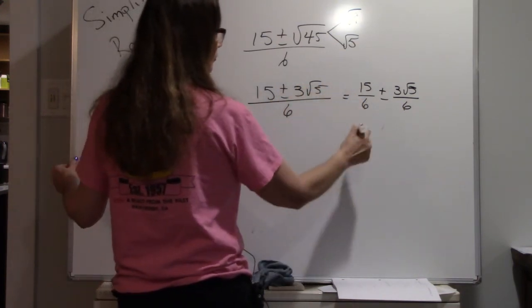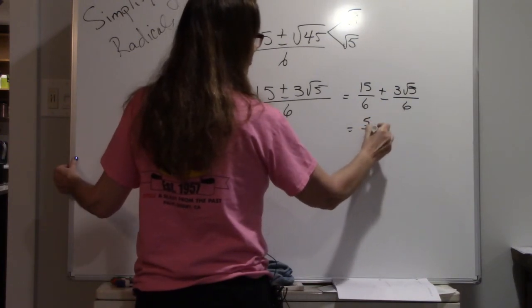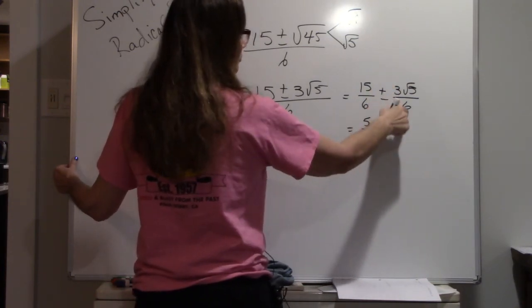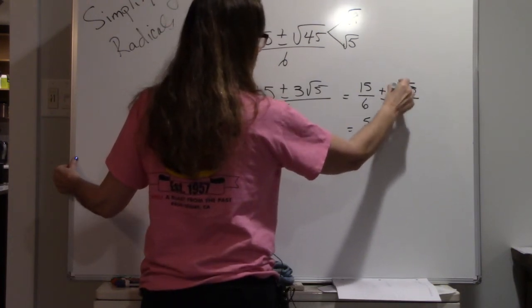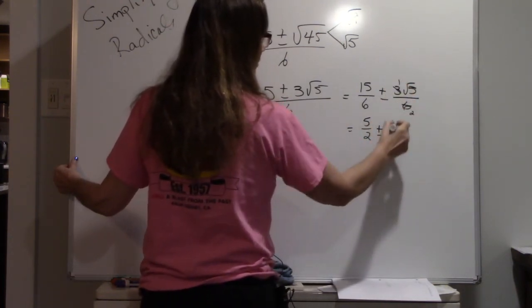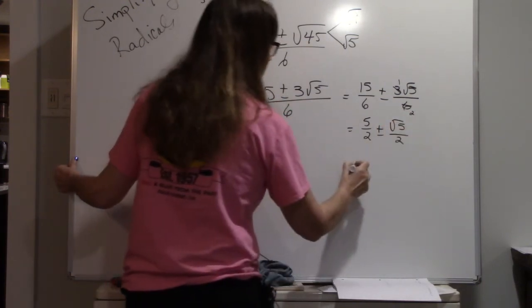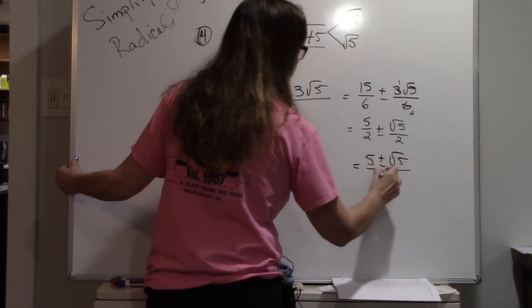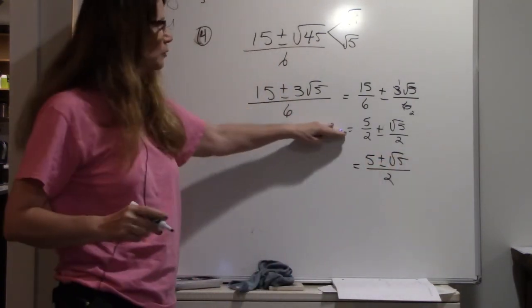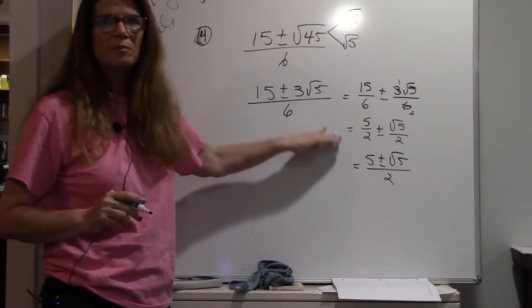So 15 over 6, reducing by 3, I get 5 over 2, plus or minus. 3 goes into both 3 and 6. So I have 1 and 2 down here. So I have square root of 5 divided by 2. So I can rewrite this as 5 plus or minus square root of 5 all divided by 2. You can write it this way. That's completely okay. But just know that these are the same thing.